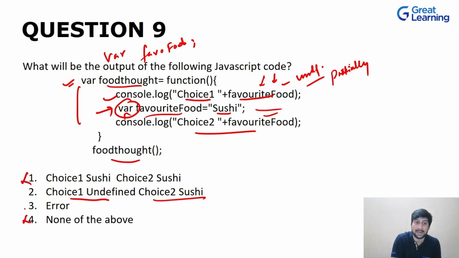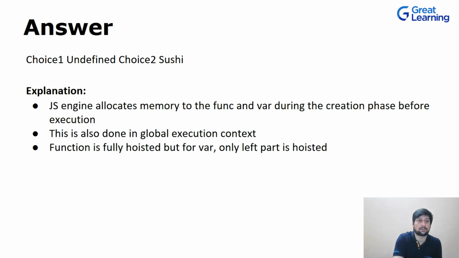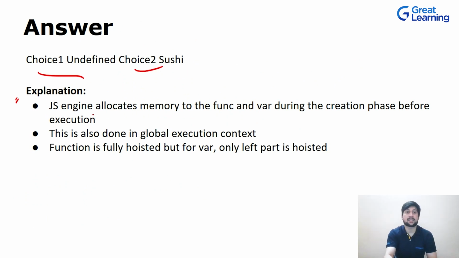This will not be the answer, and it will not throw an error because JavaScript allows this with the help of hoisting. In other programming languages, it may throw error. And then you have only this choice, that the second choice that you have over here is the correct option. As you can see over here, we have choice 1 undefined and choice 2 sushi. So JavaScript engine allocates memory to function as well as to var during creation phase, that is before execution.